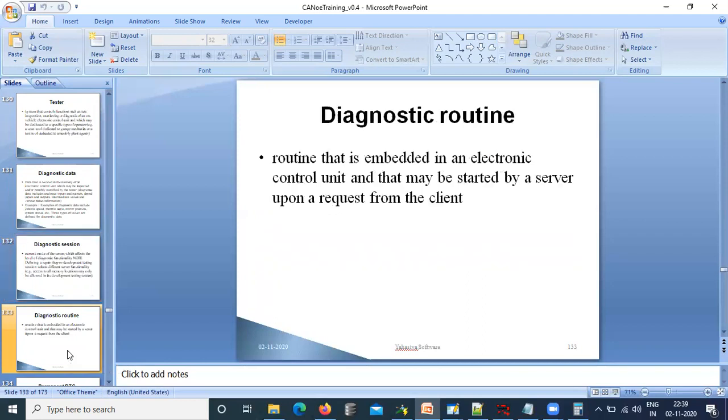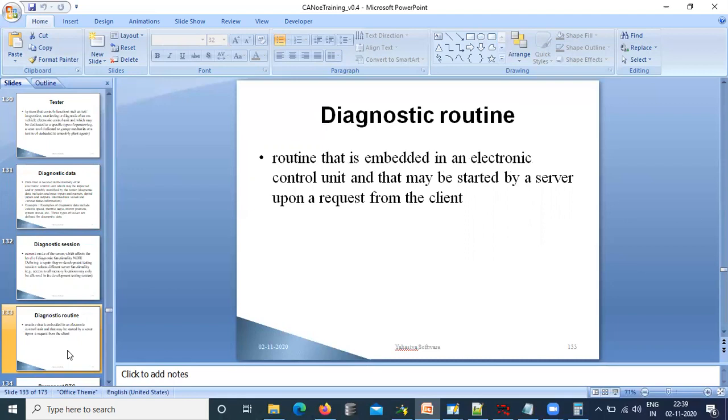Diagnostic routines. A routine is something called a function, as we have a user defined function in our CAPL, right? It is a set of programming statements to be executed when the function is called. Self test is a routine. When that routine is called, it will calibrate and test all the peripherals of the ECU.